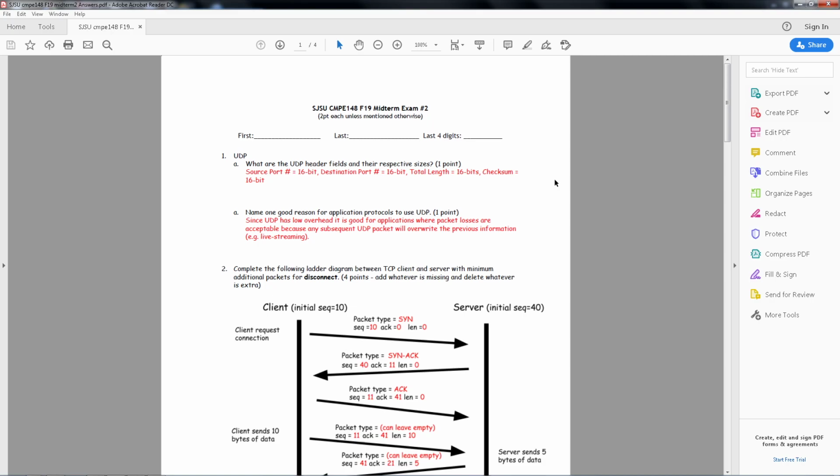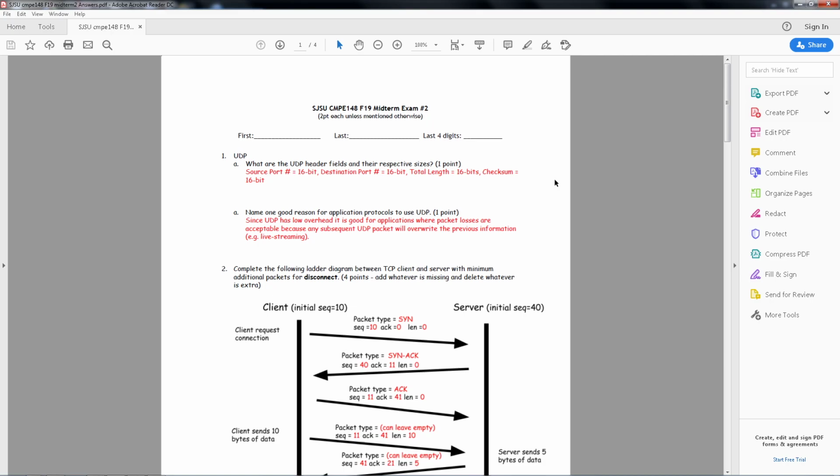What I mean by that is if you're using small amounts of data that you don't care if it gets lost or not, or large amounts of data like in live streaming, then UDP is a fine choice because it's fast, low overhead, and if something gets lost, well, it's fine, just resend it or use the subsequent UDP packets to overwrite what was missing.